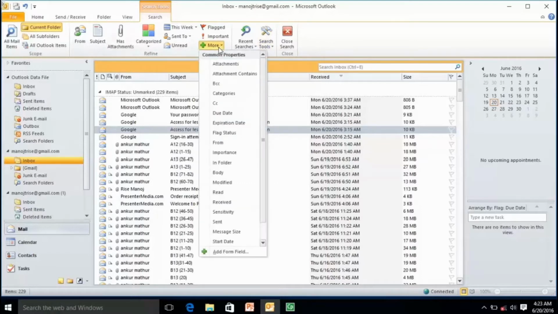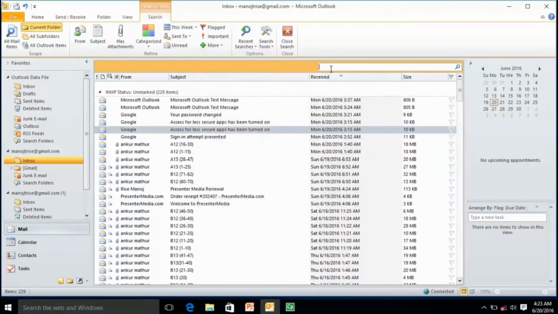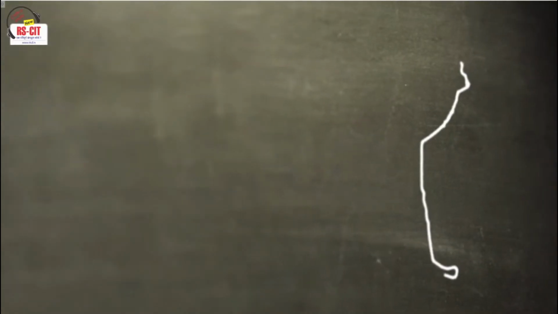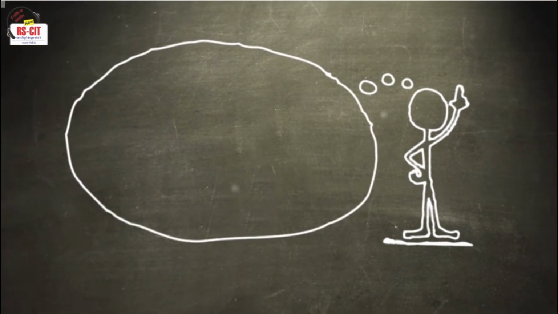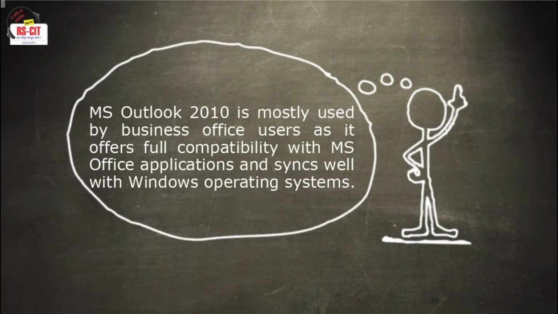The Search Tools Contextual tab includes a set of filters that efficiently focus your search to isolate the items that you want. Tip: MS Outlook 2010 is mostly used by business office users as it offers full compatibility with MS Office applications and syncs well with Windows operating systems.